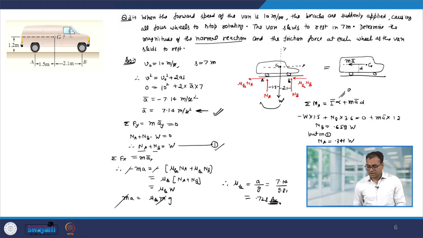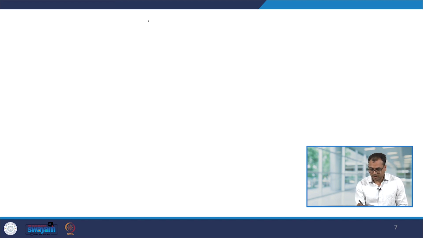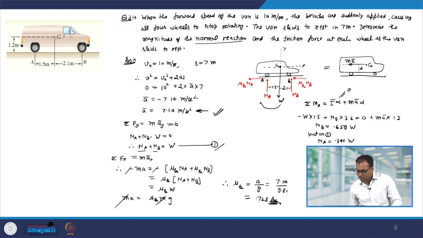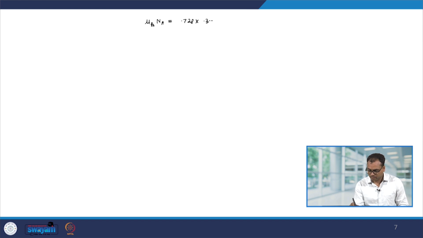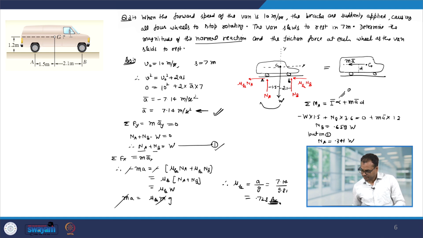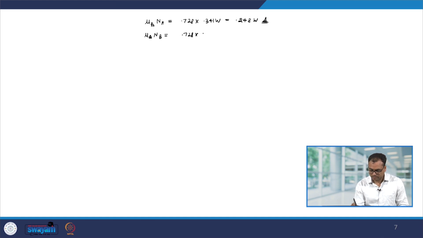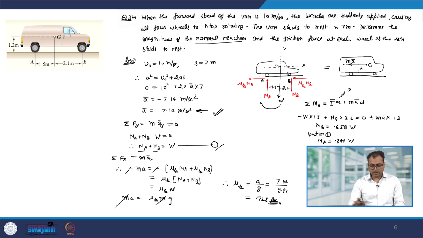Therefore, the frictional forces which are mu k NA and mu k NB will be, so mu k we have determined, it is 0.728 into NA, NA was 0.341 W, that is equal to 0.248 W, and mu k NB will be 0.728 into NB, NB is 0.659 W, which is equal to 0.48 W. Note that there are 2 front wheels and 2 rear wheels in the van.